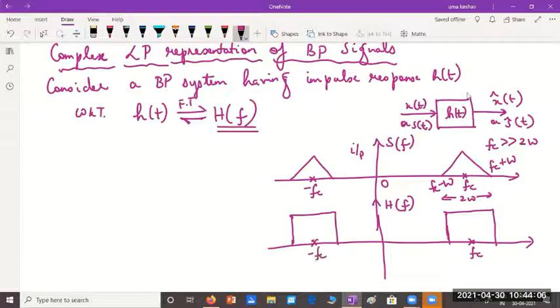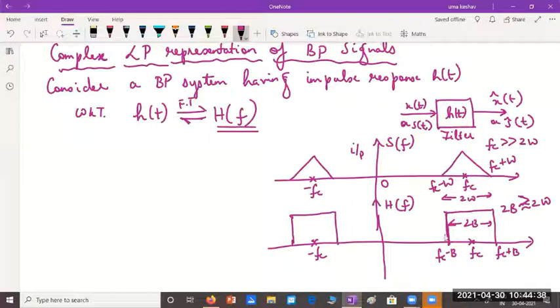The H of f filter here, we call this a Hilbert transformer filter. It should have its center frequency at Fc and its bandwidth, if I call this Fc plus B and Fc minus B, is 2B. This 2B should be at least equal to 2W or greater than that, right?